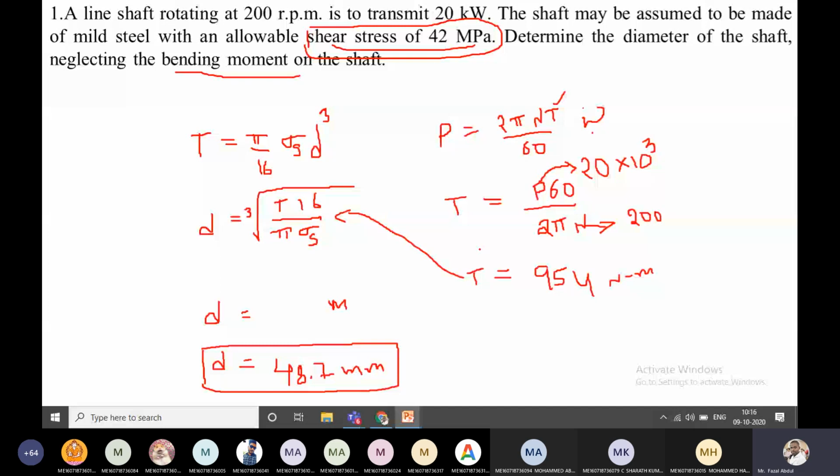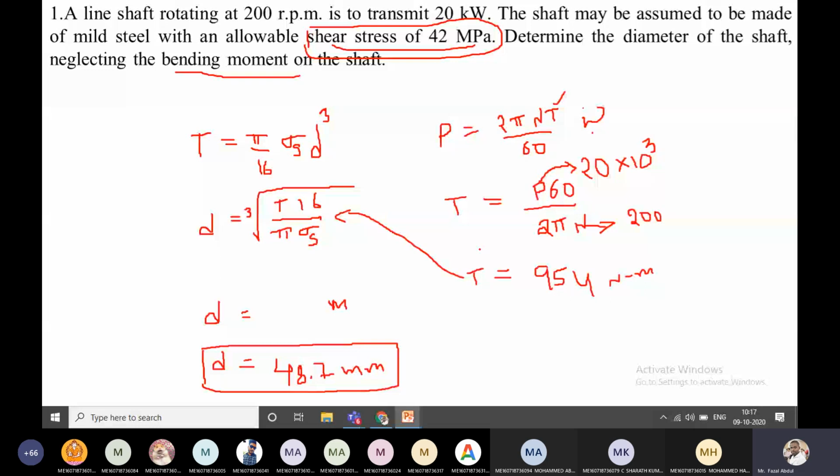Like that you have to do the analysis first, and after analyzing, find the parameters required to solve the problem. Like this you need to solve the problem.